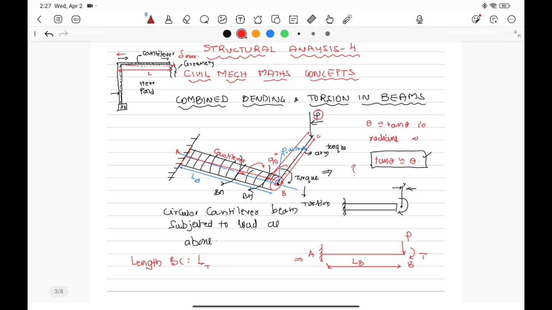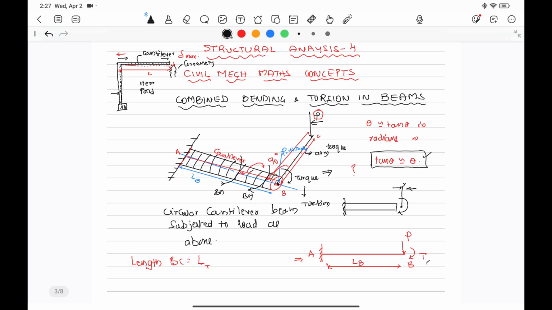Here, the lever is going to create a torque at the center of the beam. At the cross-sectional area, free end center, that is point B, this lever BC is going to produce a torque. That torque is shown as T here.